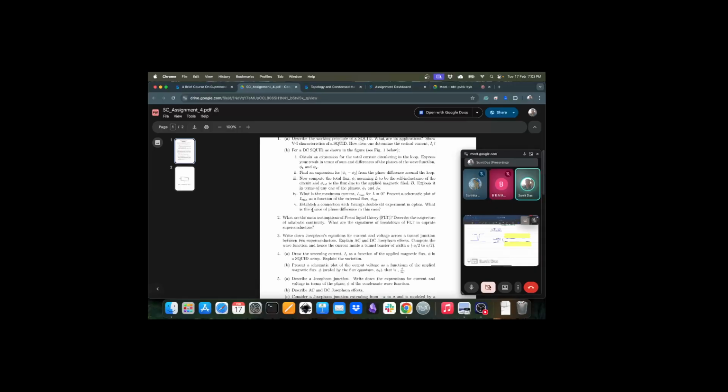Now we also have an applied external magnetic field. Let's say the external magnetic field is applied perpendicular to the plane of this paper, going inward. So this is the direction of the magnetic field, inward B. Now we consider a loop which is something like this.